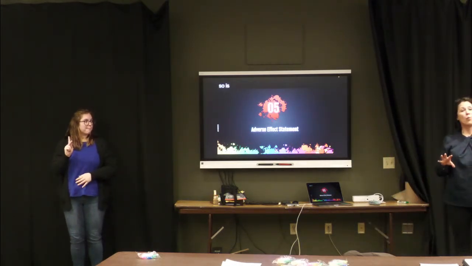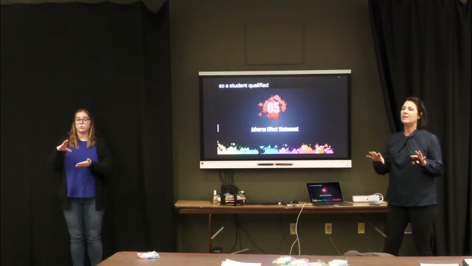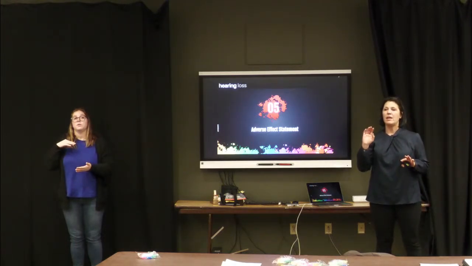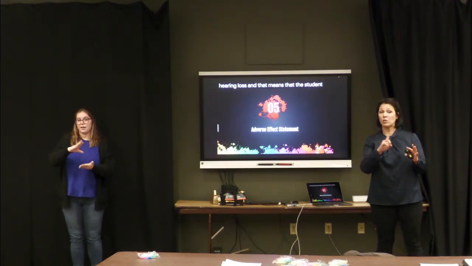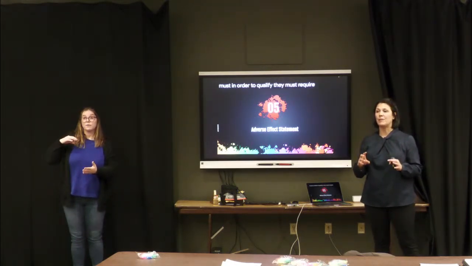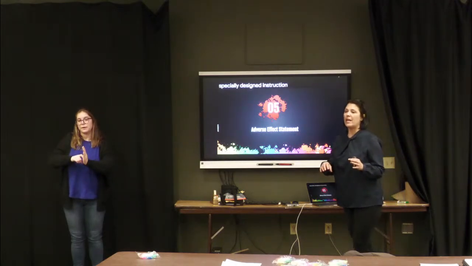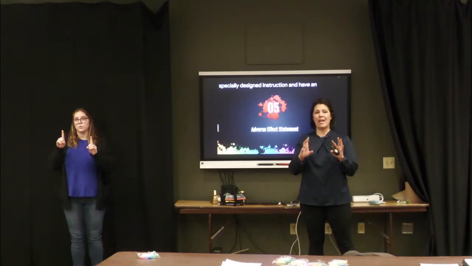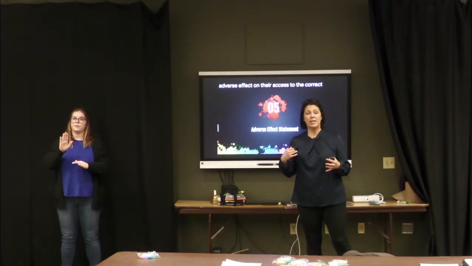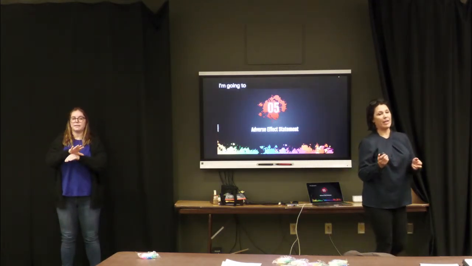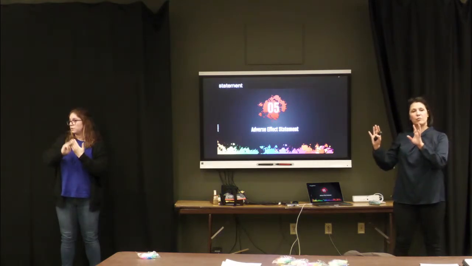Okay, so a student qualified because they have a hearing loss. That means that in order to qualify, they must require specially designed instruction and have an adverse effect on their access to the curriculum, right? So I'm going to show you an adverse effect statement just for hearing loss.